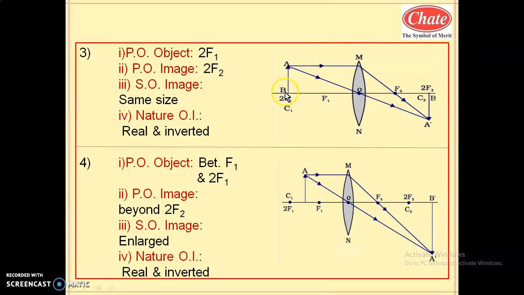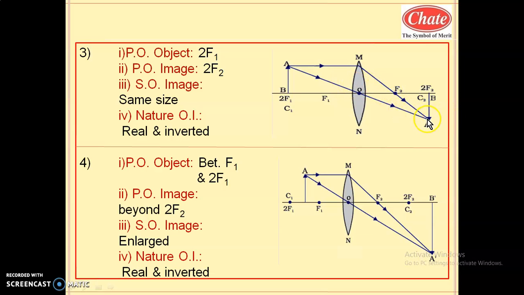Now we have to take the position of the object at 2F1. The object should not be larger than the lens, otherwise you cannot show its refraction. So the object should be somewhat smaller in size compared to the lens size, so that the refraction will take place. Draw the two rays to get the image formation. Only two rays are needed.